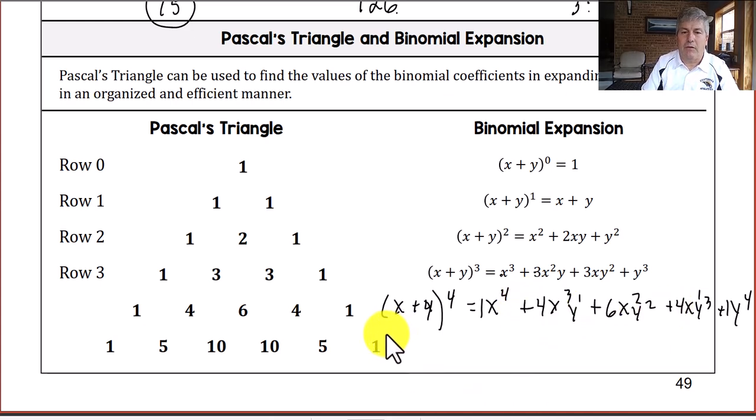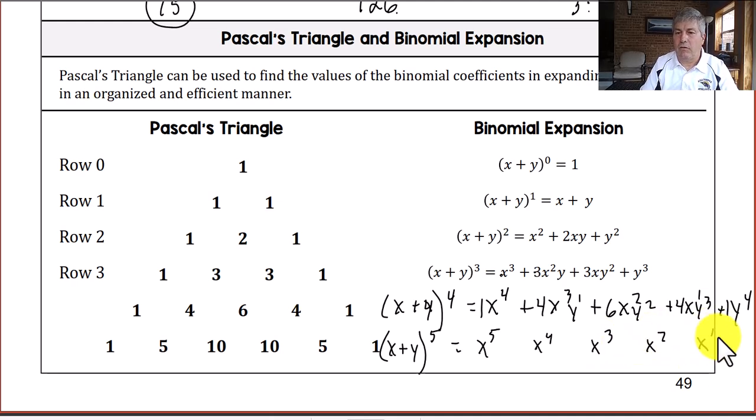And I can follow the same pattern for x plus y to the 5th. So I'll have x to the 5th, x to the 4th, x to the 3rd, x to the 2nd, x to the 1st, and then x to the 0. And then my y's, y to the 0, and then y to the 1st, y to the 2nd, y to the 3rd, y to the 4th, and y to the 5th.